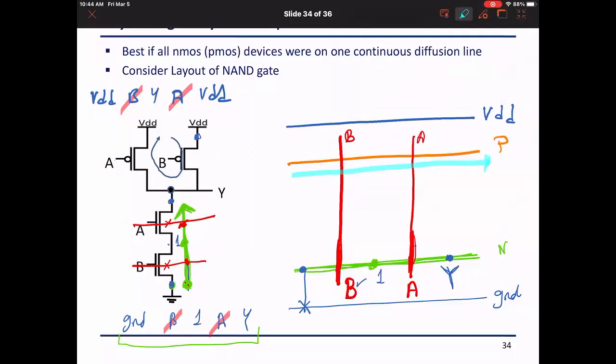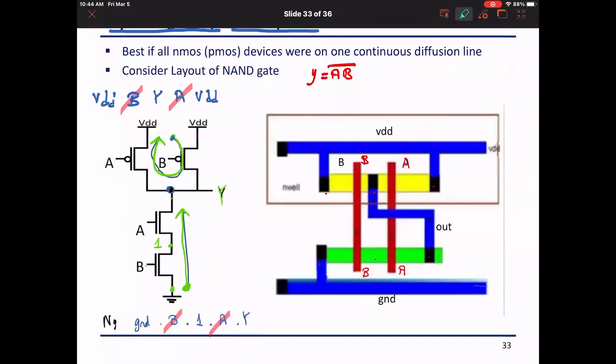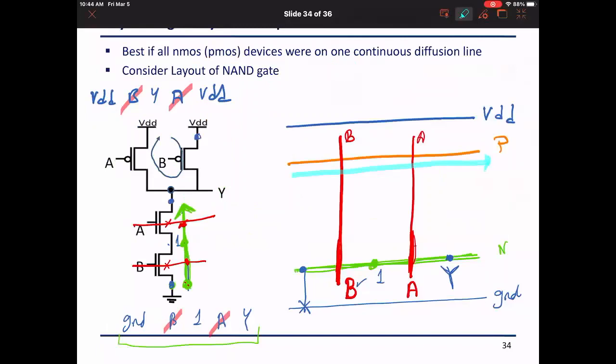When it crosses B and then A. The first node that it sees in this path is what? VDD. So it is going to connect this source or drain of B to what? To VDD. So I have filled in this point, right?